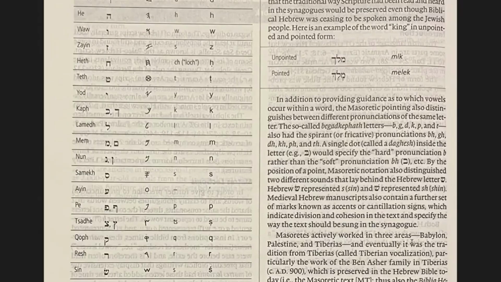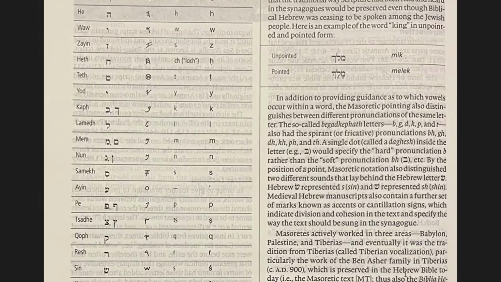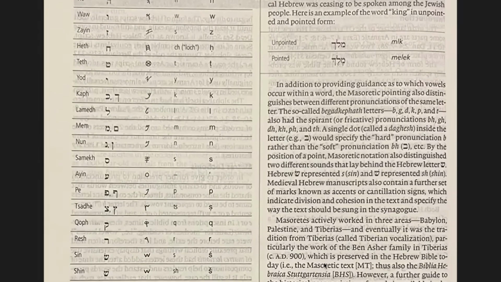And eventually, it was the tradition from Tiberias called Tiberian vocalization, particularly the work of Ben Asher of the Ben Asher family in Tiberias circa AD 900, which is preserved in the Hebrew Bible today.